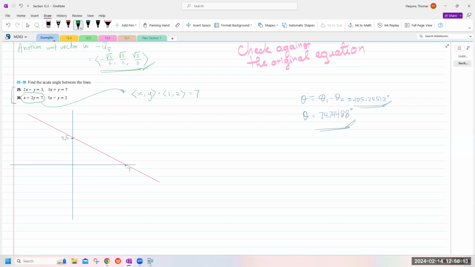If you rewrite that into a dot product of two vectors, you want to notice that the vector (1, 2) is actually perpendicular to the line.